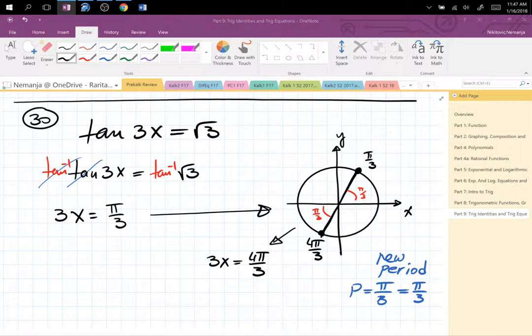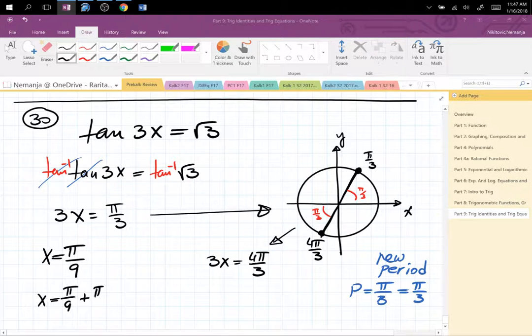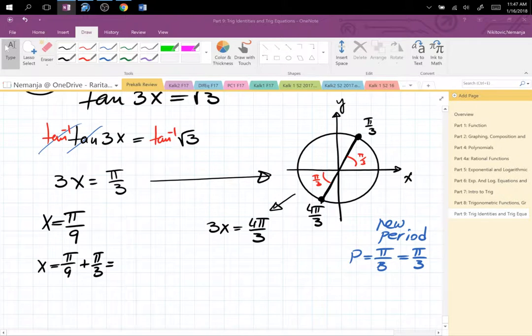So now what do I have? I have x equals pi over 9 is the first solution. X equals pi over 9 plus pi over 3 for the second solution. And pi over 9 plus 2 pi over 3, that's 2 periods added. And that gives me the first 3 solutions.